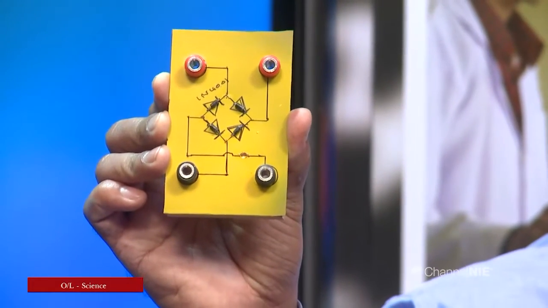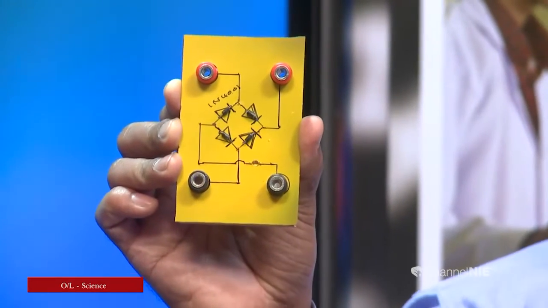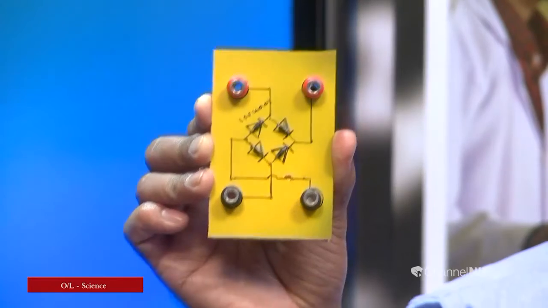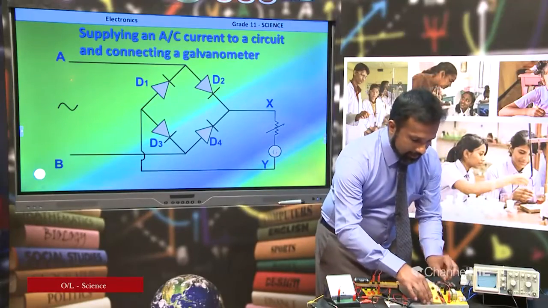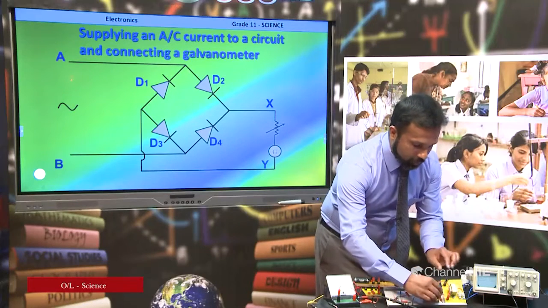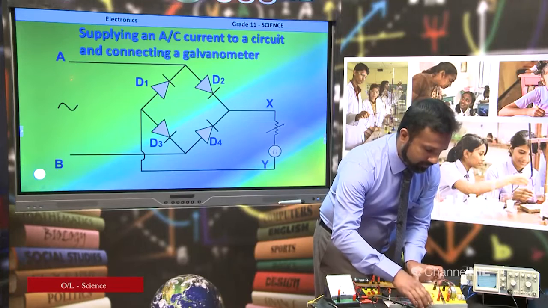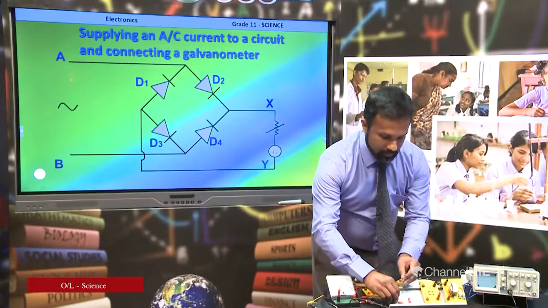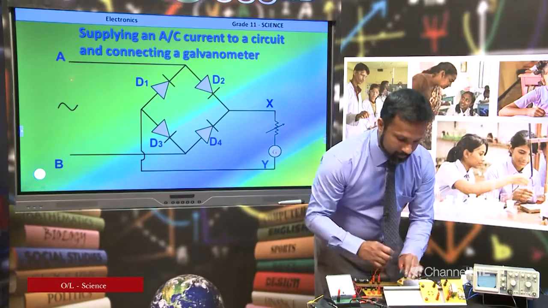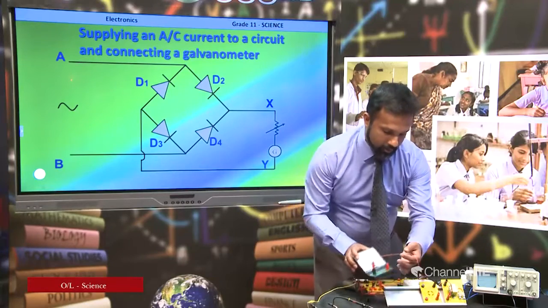This is the rectifier bridge arranged by 4 diodes as shown in this picture. I am going to connect this to the step down transformer, and then I am going to connect this to the center zero galvanometer.